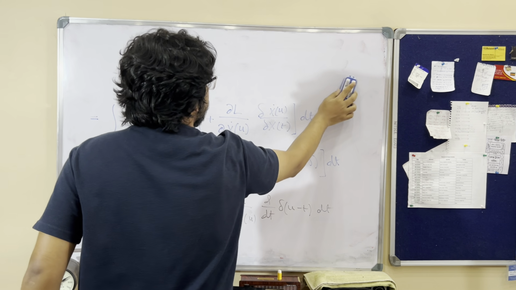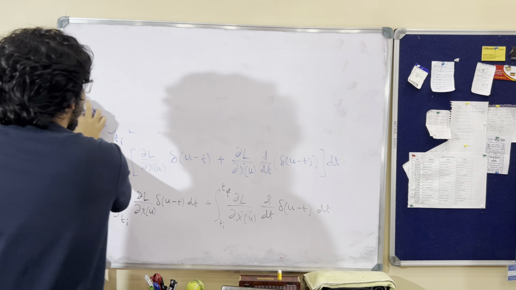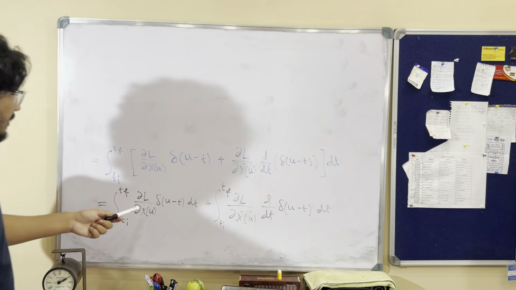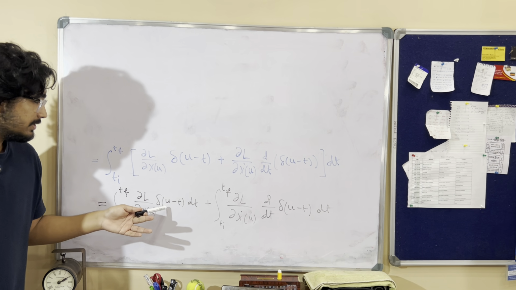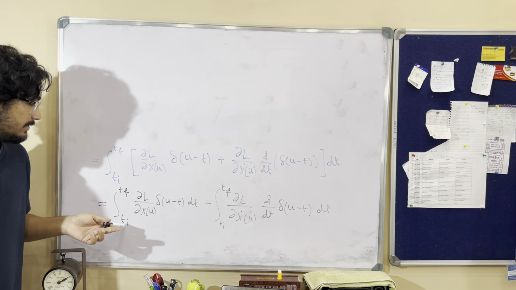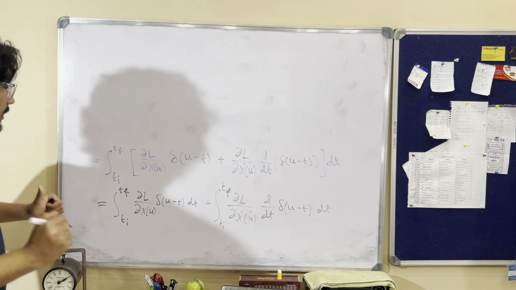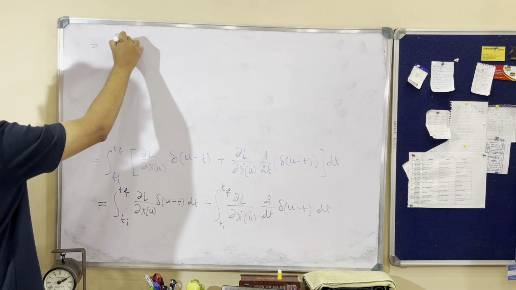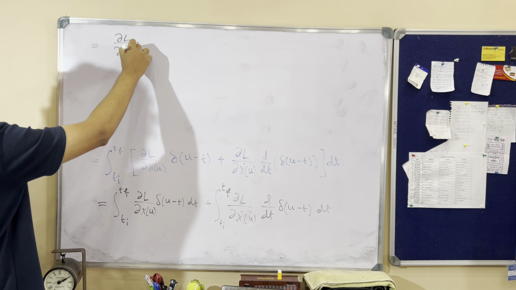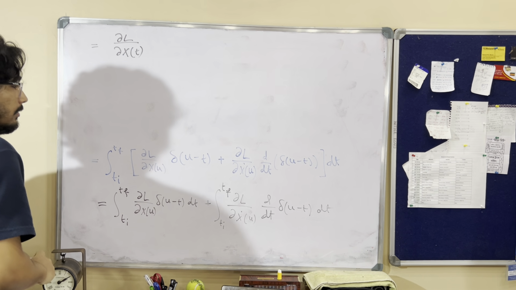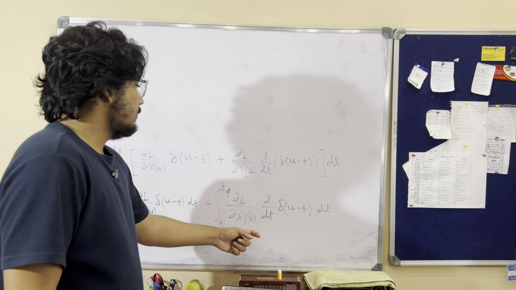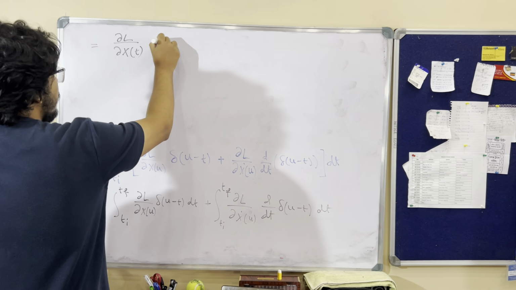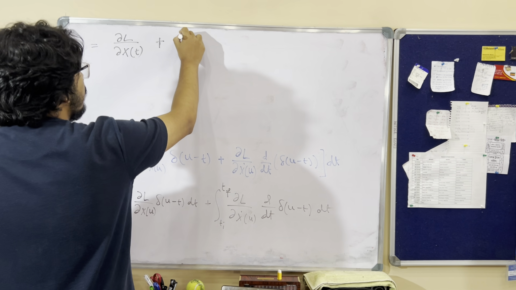I have a very small board. Okay. So, using the properties of Dirac delta functions, as u is somewhere in between Ti and Tf, we can write this as delta L by delta x of t, right? And now this integral we are going to do by parts.